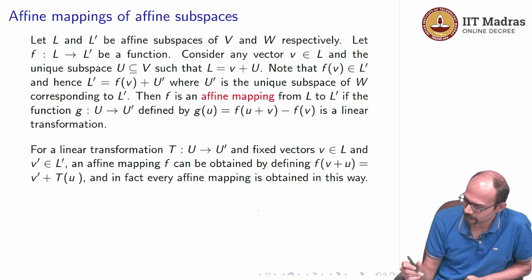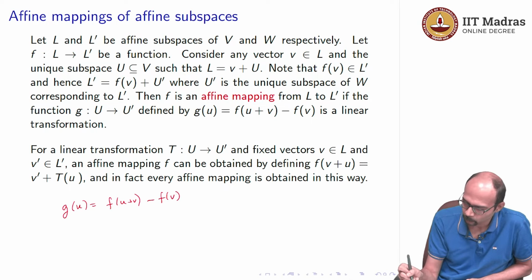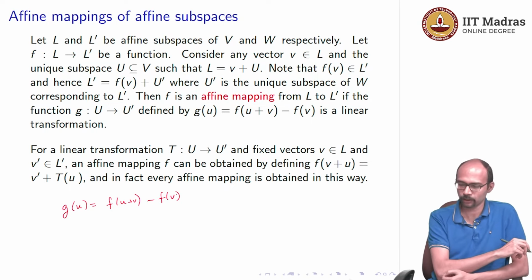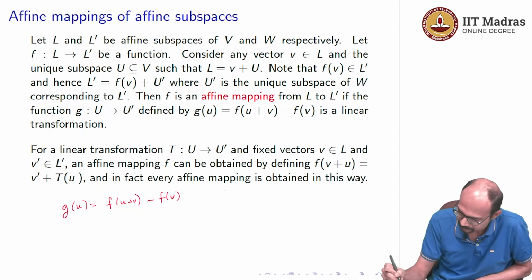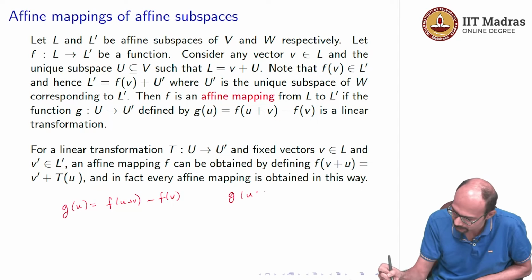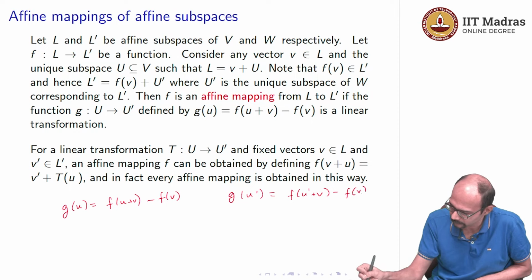So we have g of u is f of u plus v minus f of v. What does it mean for this g to be a linear transformation? Let us also look at g of u prime, which is f of u prime plus v minus f of v.